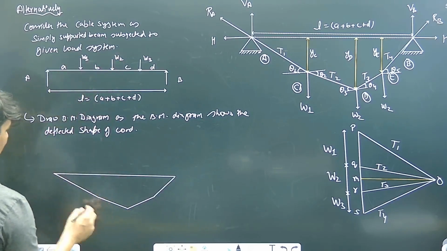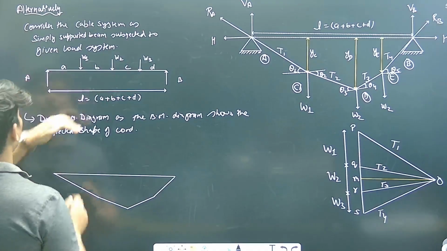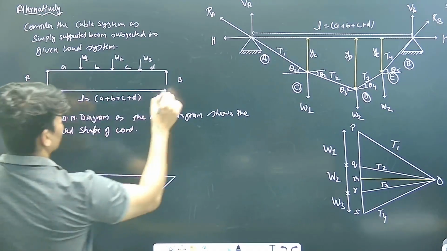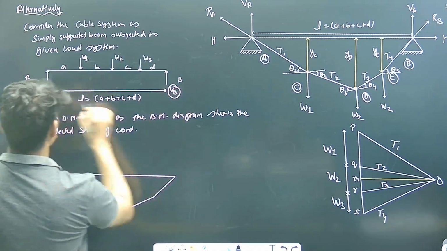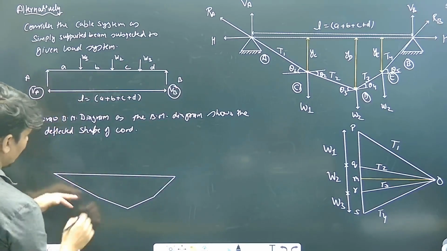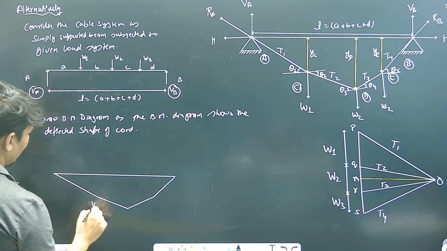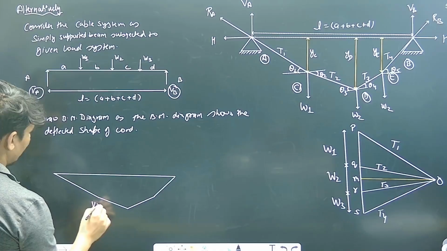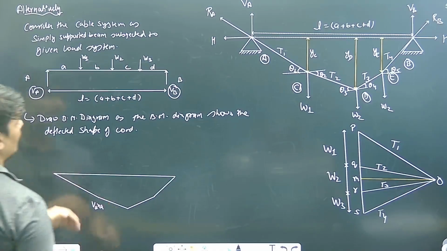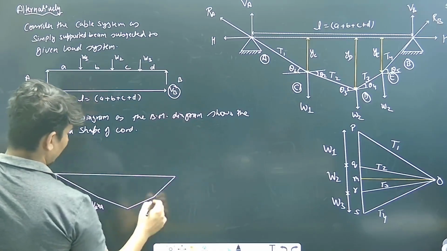What is this value? VA is the support reaction, VB is the support reaction. So this would be VA into a. Similarly from here VB into d.